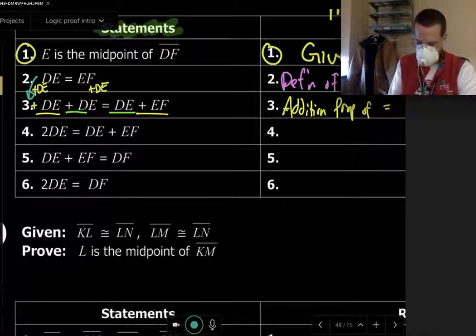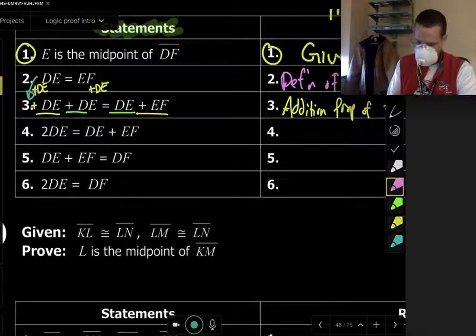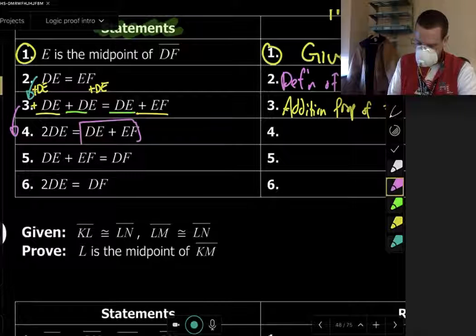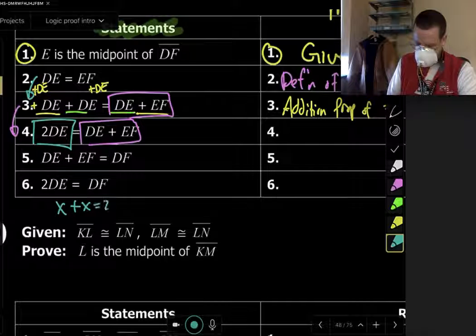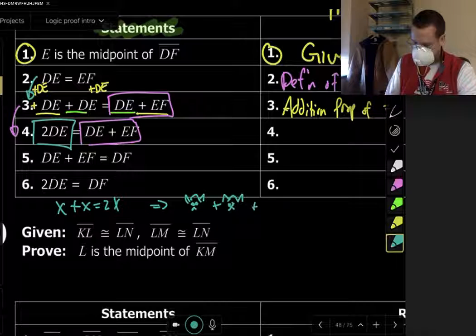Okay, so now what did we do here? Let's look at the next. How did we go from 3 to 4? Well, the right side is still the same, but the left side has been cleaned up. If you have x plus x, that's 2x. If you have a cat plus a cat, that's 2 cats.